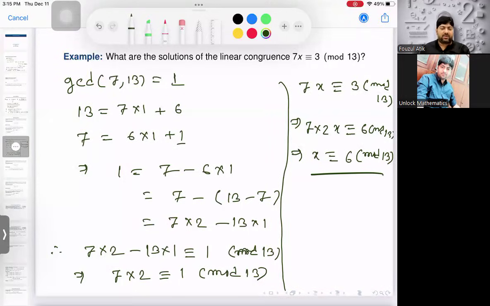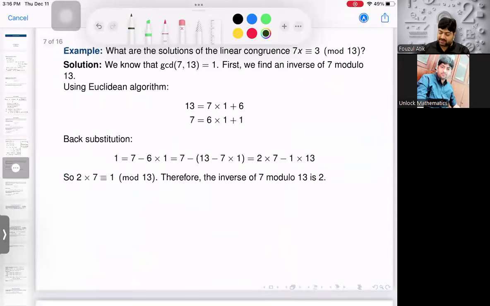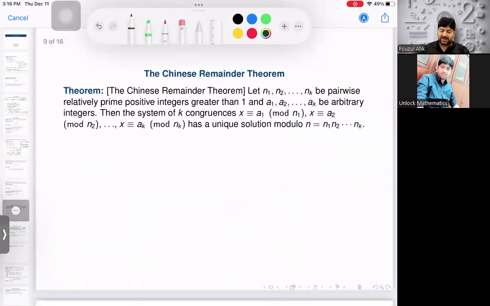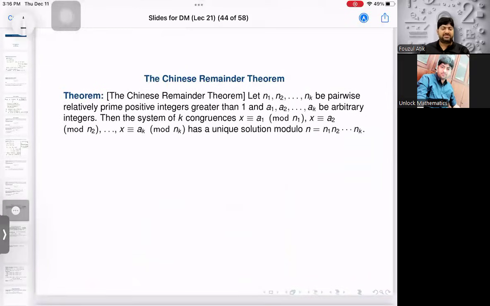Till now we solved a single linear congruence, right? Now our next result is called the Chinese Remainder Theorem, which gives the guarantee that when you have a system of linear congruences and when it has a solution, right?